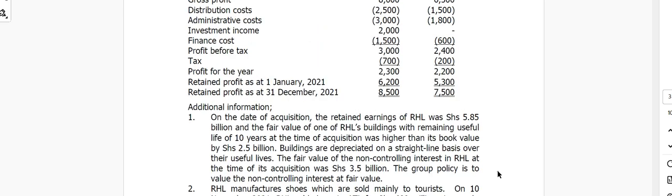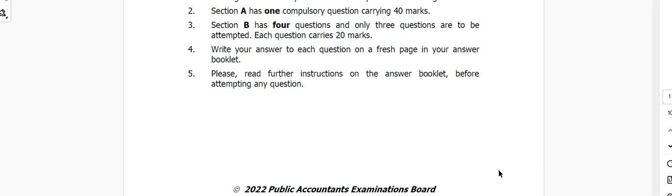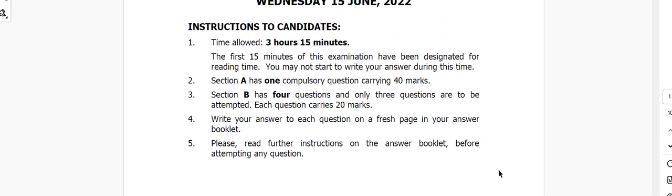Read the question carefully before you start any calculation. You should be having this on your table. This is from June 2022. You have to understand the relationship between the parent and the subsidiary companies.